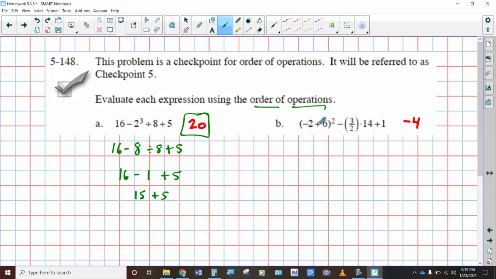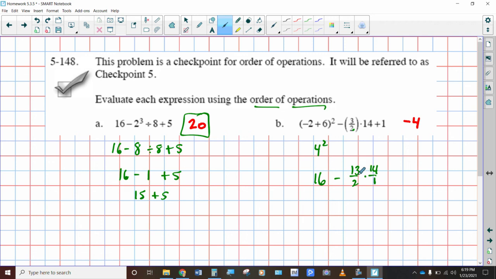Here, parentheses have the priority. So let's do negative 2 plus 6 is 4, and 4 squared is going to be 16 because exponents come next. Then we're going to do this division problem, which is 3 divided by 2 times 14. Actually, we could do 1.5 times 14, or we could do 3 over 2 times 14 over 1.